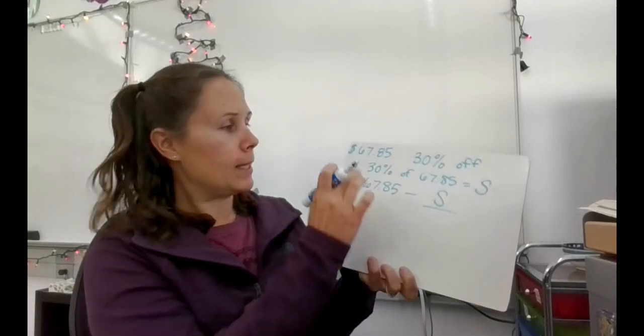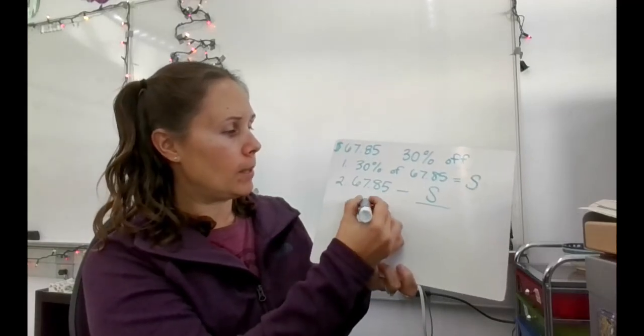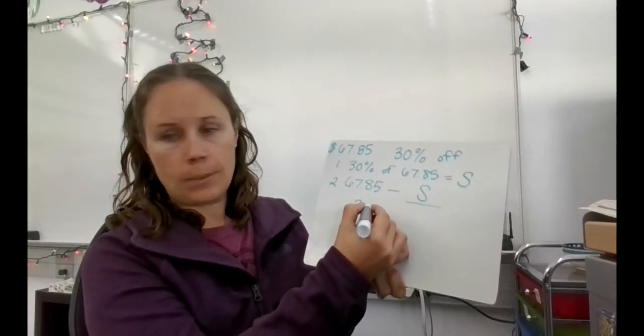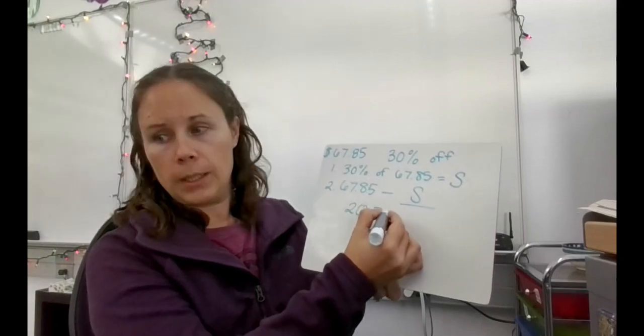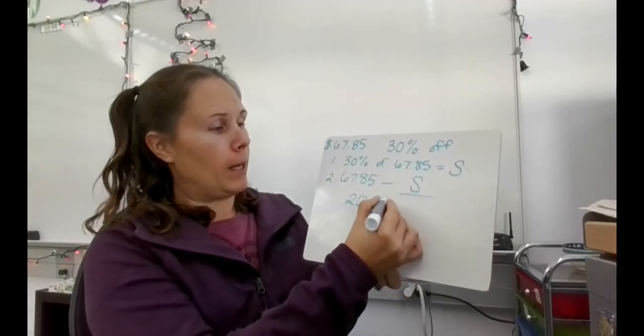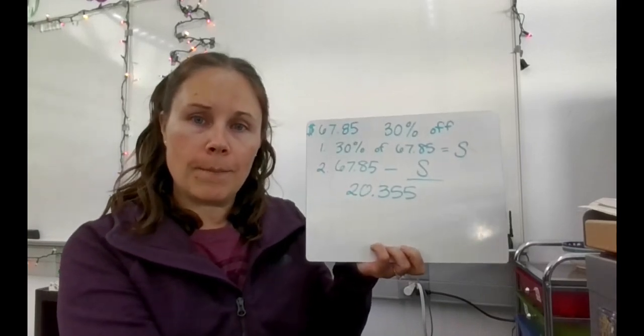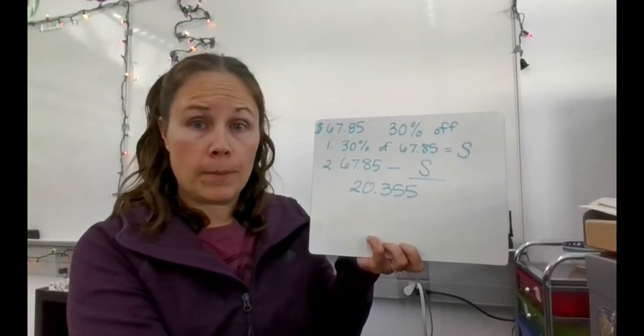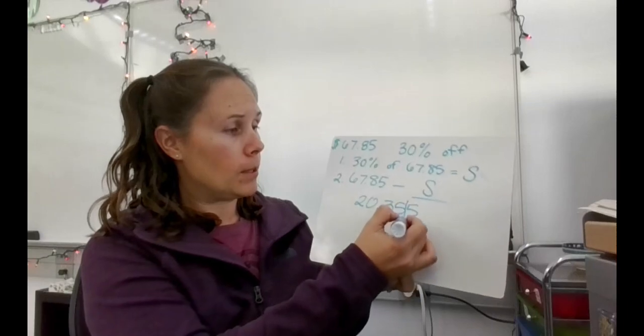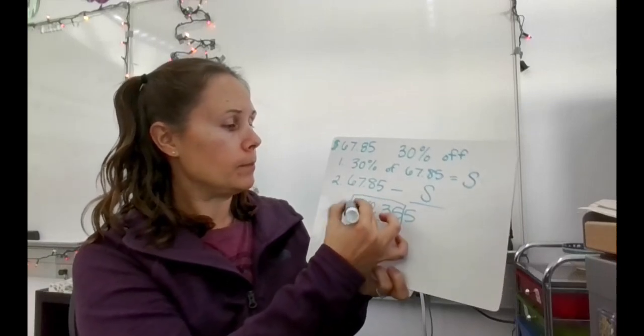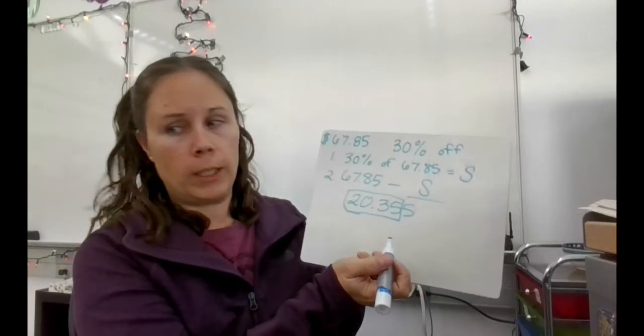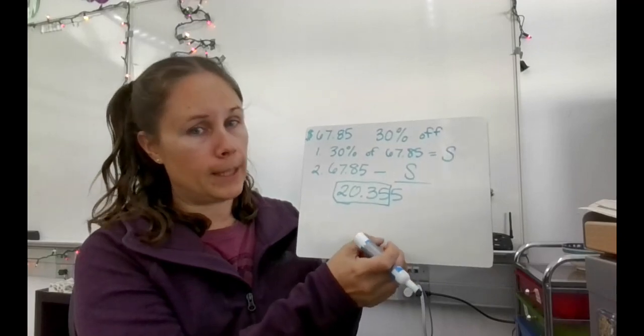If we work all that out, which I did ahead of time to save time, 30% of $67.85 comes out to an interesting decimal, 20.355. You're thinking, that's a weird decimal, right? But that's okay, we're working with money, so we're going to round this to the hundredths place. Our choices are 20.35 or 20.36.